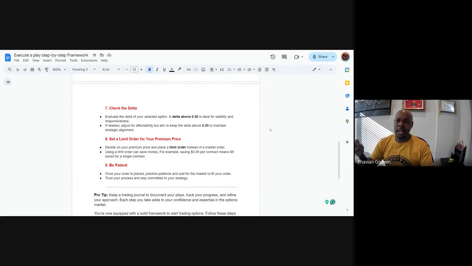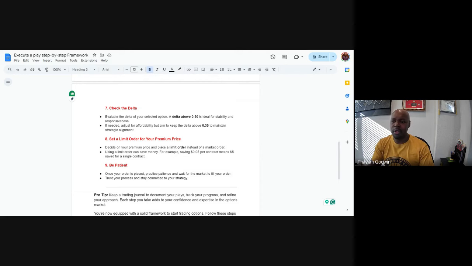Once you identify that options chain, I will always like to look at my delta. Now, good delta is anything above 50 cents. But if you're adjusting your options chain to get a lower price to meet your budget, I'm okay with expirations going out for your strike price, and then you found something with a delta above 35.